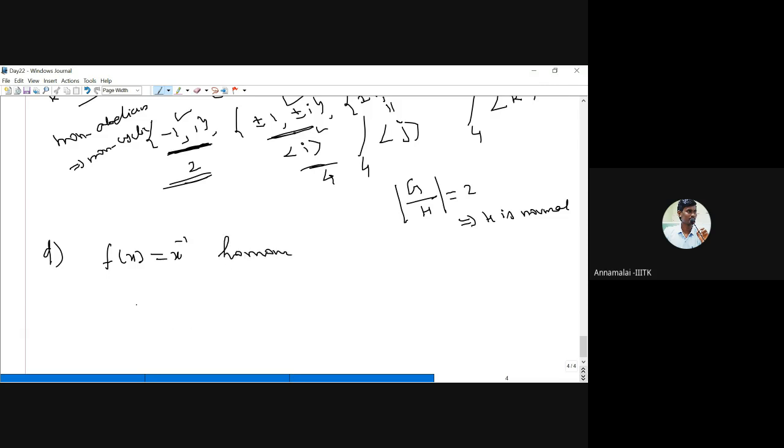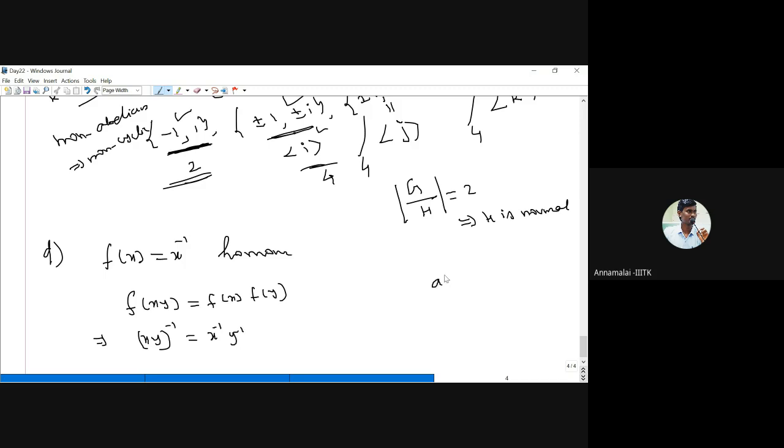Therefore, it satisfies the condition that f of xy equals f of x into f of y. Now, what is f of xy? By the definition, xy whole inverse. This is equal to f of x, x inverse, and f of y is nothing but y inverse.